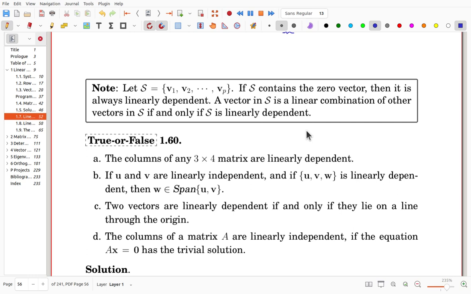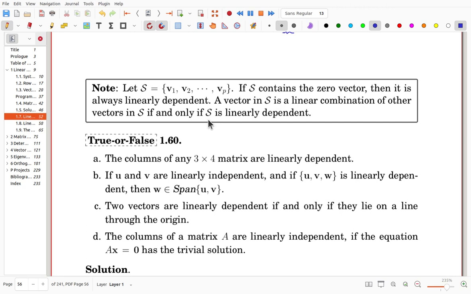Once the set is linearly dependent, then one of them is a combination of the others. You can show that these two are equivalent, so that if a vector in S is a linear combination of other vectors, then the set of vectors is linearly dependent.